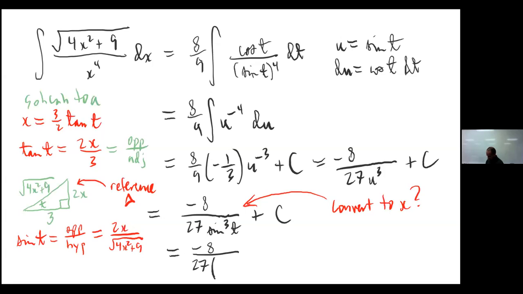What's sine of t equal to? 2x over the square root of 4x squared plus 9. And what do we have to do with that? Cube it.